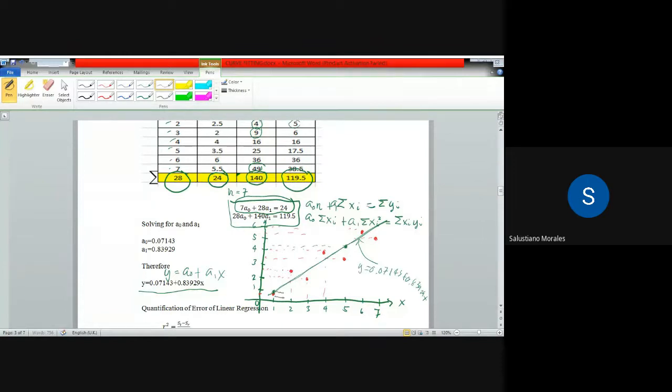So meron tayong residual dito. Okay, gawin natin na R1. Then meron naman tayong another residual dito, R2. Then next is again here, another residual, R3. Another residual here. The difference between the given data points and the model is R4.